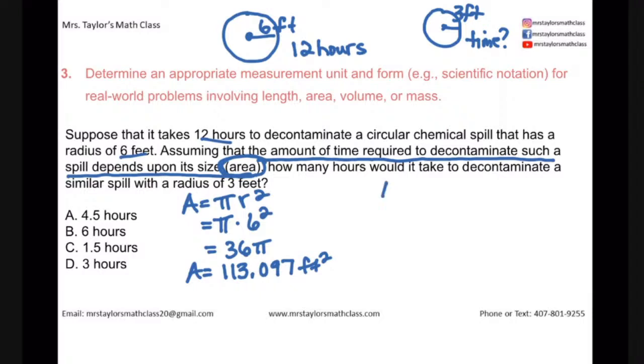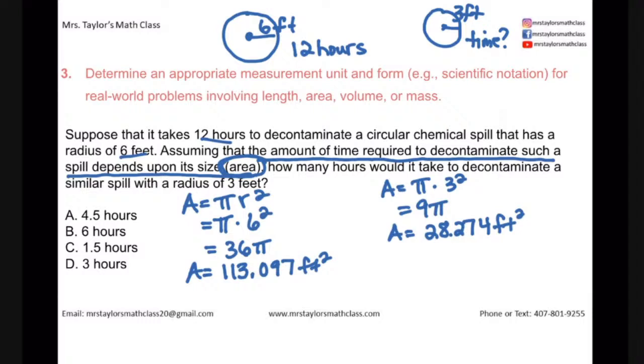And then for the other area, we have pi times 3 squared. That's going to get me 9 pi. So 9 times pi, and I have 28.2274. And again, this is feet squared.